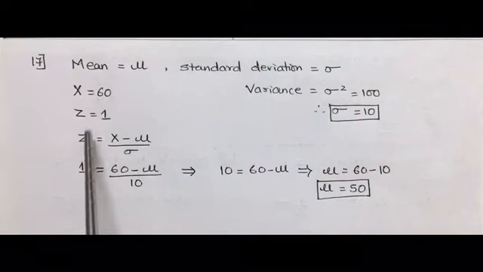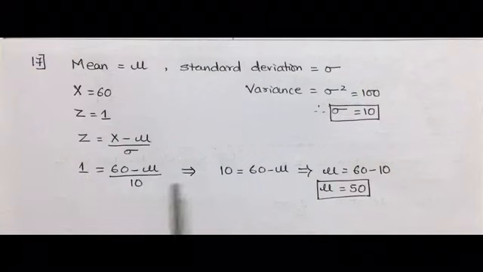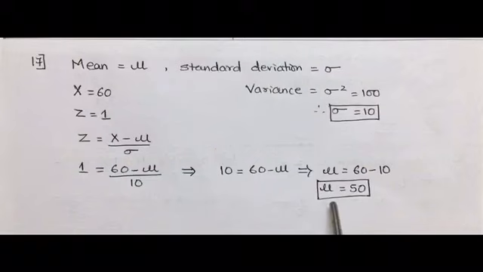Keeping all the values, Z value 1, X given is 60 minus mu upon sigma value 10. Taking 10 and multiplying with 1, we get 10 equal to 60 minus mu. So mu is equal to 60 minus 10, and the value of mean or the average score, we get it to be 50. So here we have completed section B.